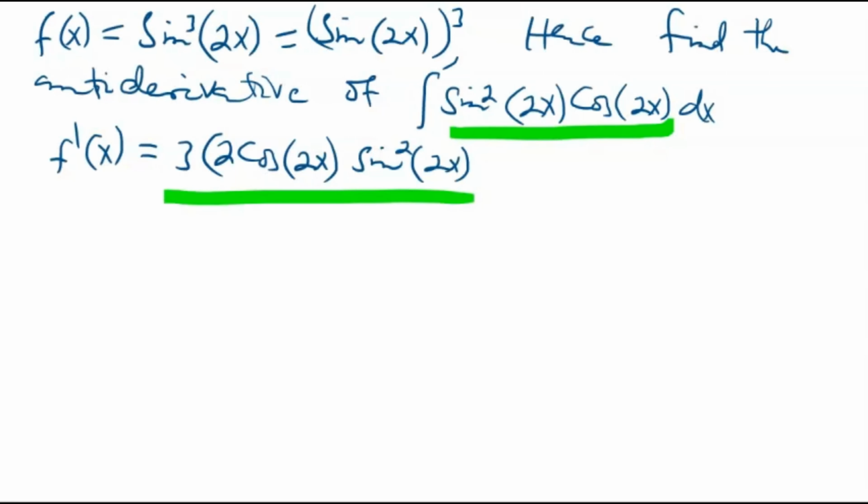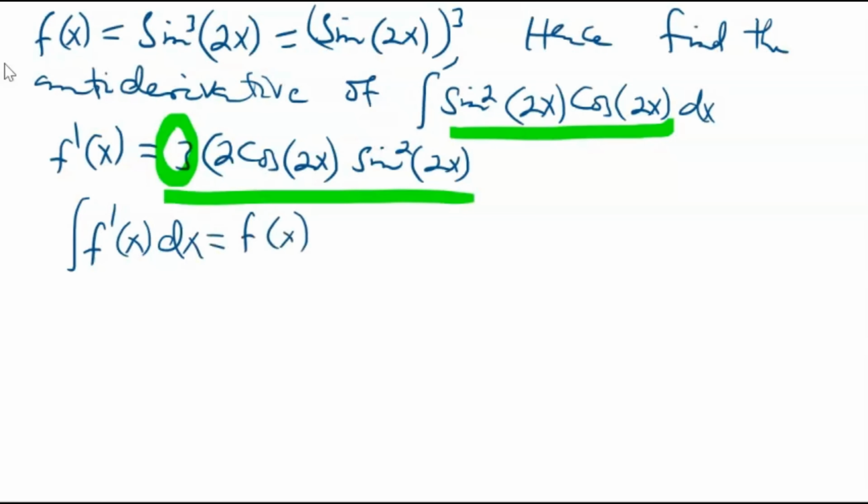The only difference is that 3 out there, and we need to take that 3 out. Remember, if we integrate the derivative, it's the same as the original function. So now this is my derivative function, which means we take the 3 out.